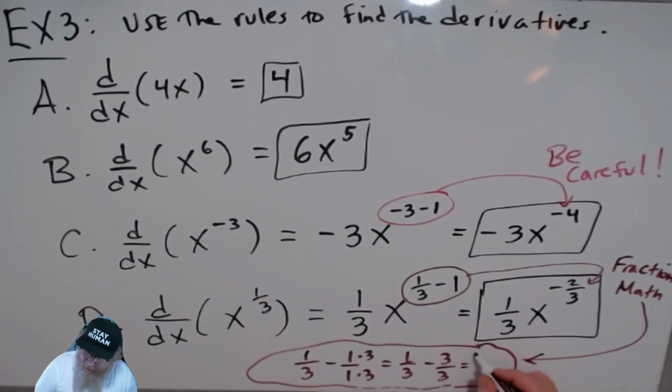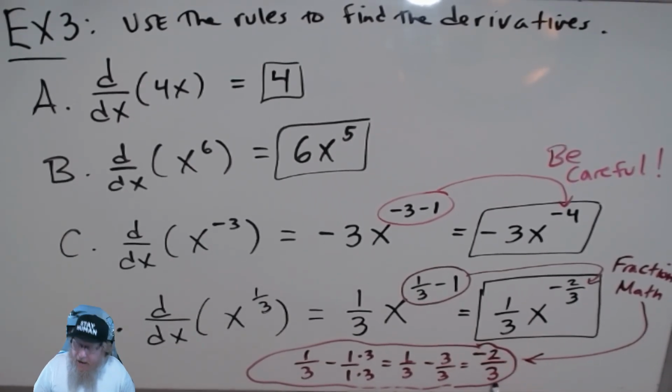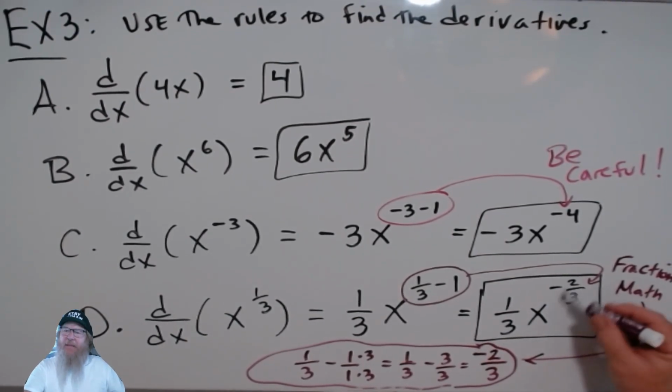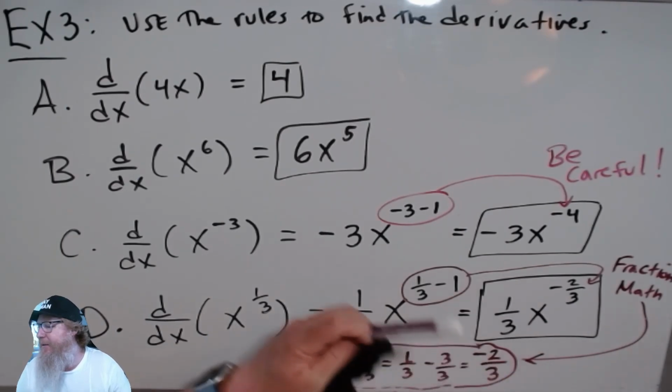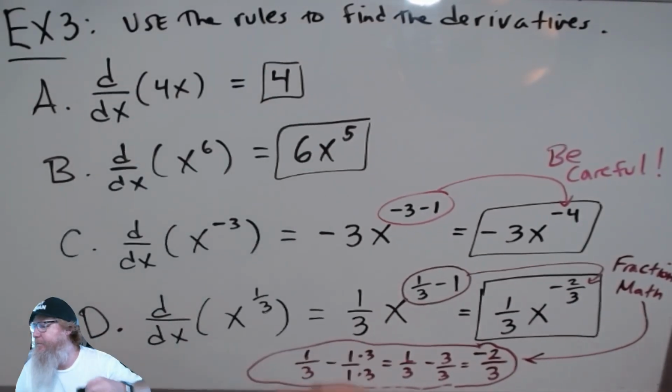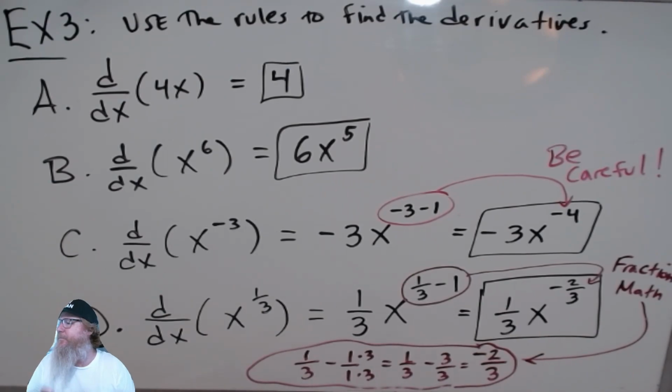So 1/3 -3/3 is -2, and then you keep the denominator the same, so it's -2/3. So that's how we get this new exponent of -2/3. Okay.